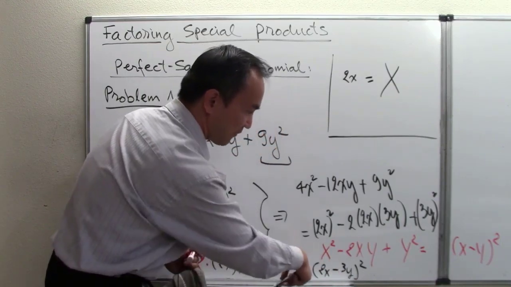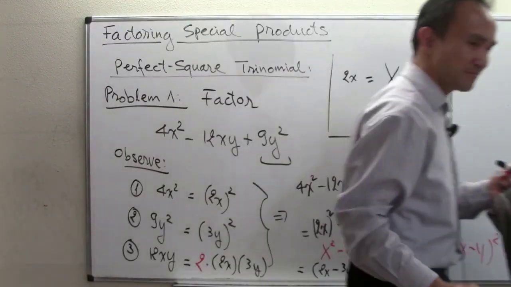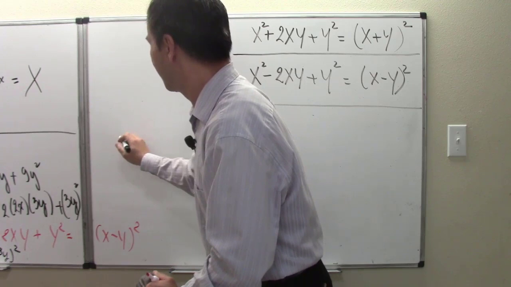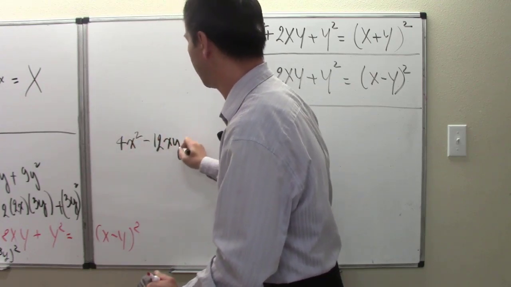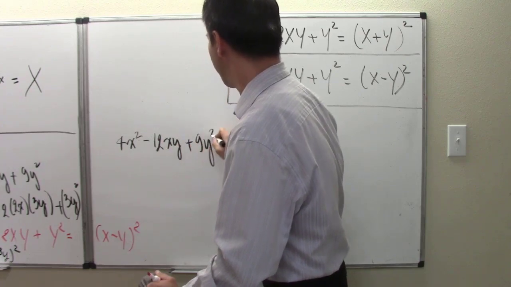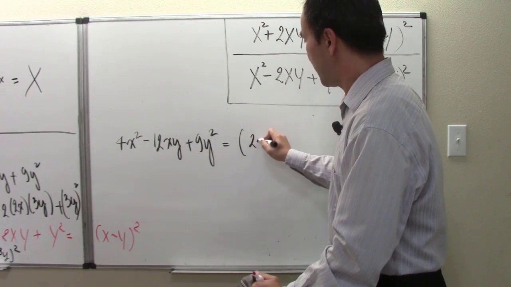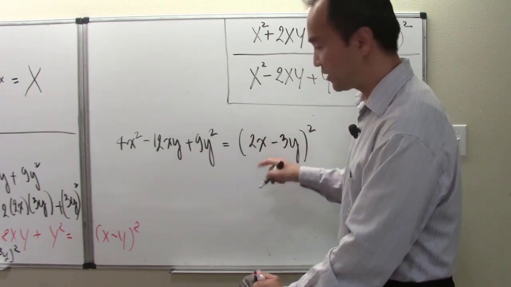That's how I have factored my beginning polynomial. So, as a final conclusion, 4x squared minus 12xy plus 9y squared simply factors into (2x minus 3y) all squared. And this is the factored form.